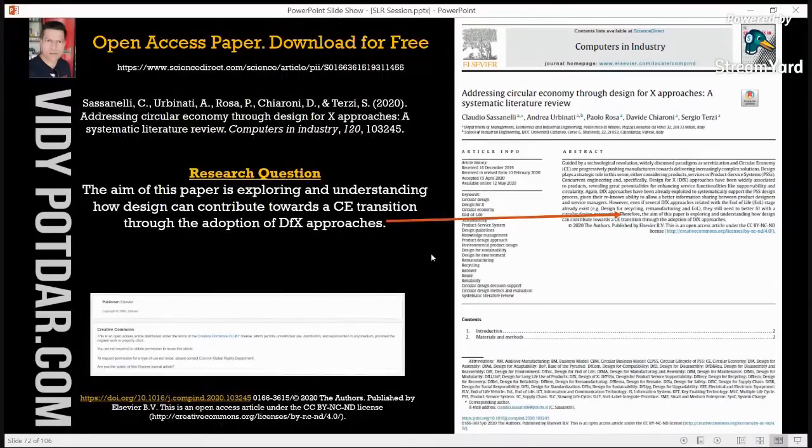So firstly, the research question is clearly mentioned in the abstract, and that is very important because by reading the abstract, I would want to know what is the main objective of this paper. So they have done that very clearly here.